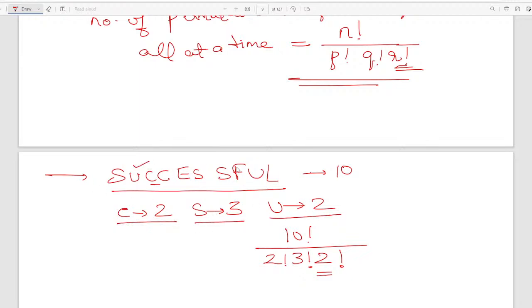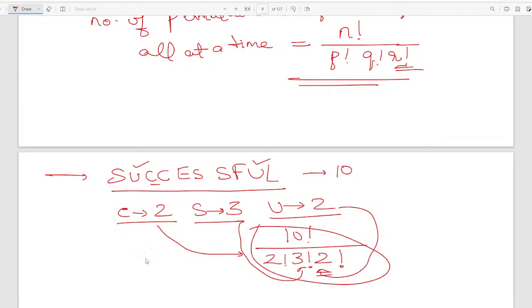The total number of ways of arranging these alphabets is 10 factorial divided by 2 factorial, 3 factorial, and 2 factorial. I hope this is clear. If there's any doubt, please ask.